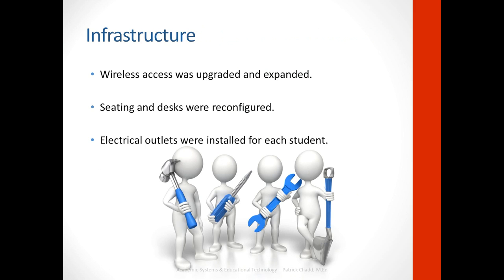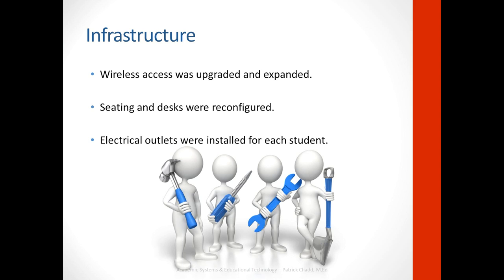For infrastructure to support any computer-based exam system, we had to make sure that our wireless access was upgraded and expanded. We reconfigured seating and desks. Since our class actually expanded to 170 from 150, we had to reconfigure the rooms anyway.